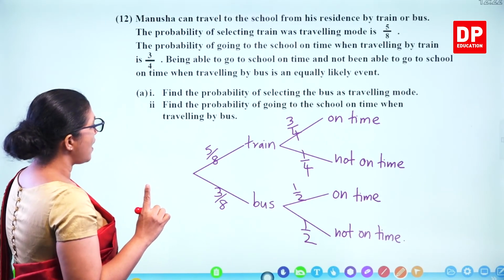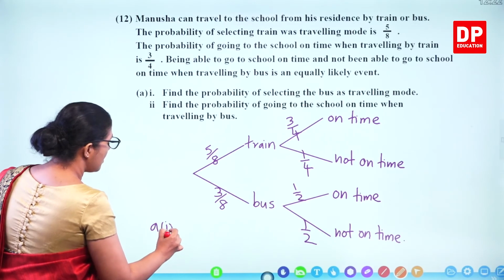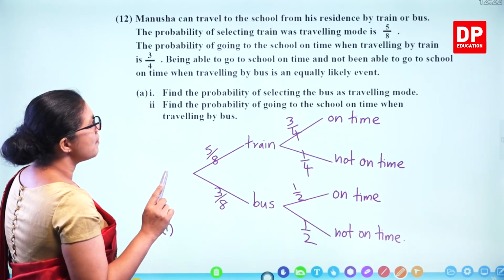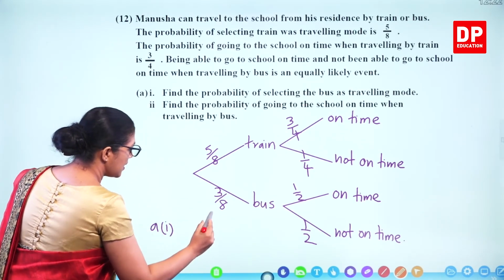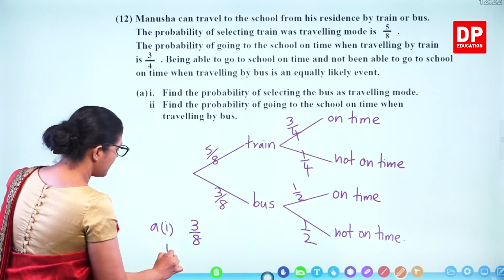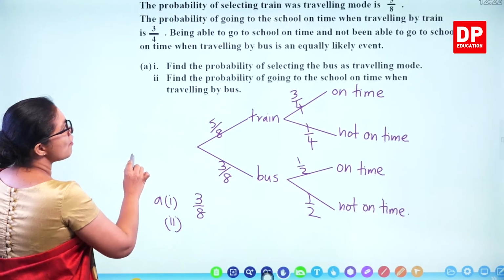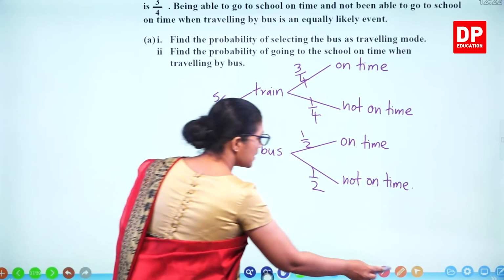So what's the first part? A1. Find the probability of selecting the bus as traveling mode. So what's the probability? 3/8. Then find the probability of going to the school on time when traveling by bus.